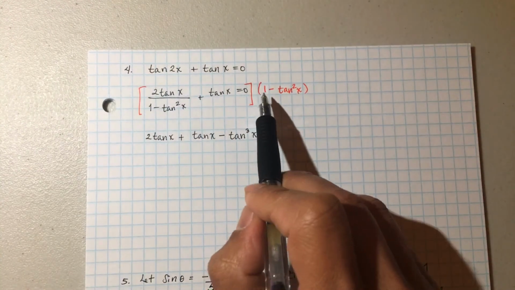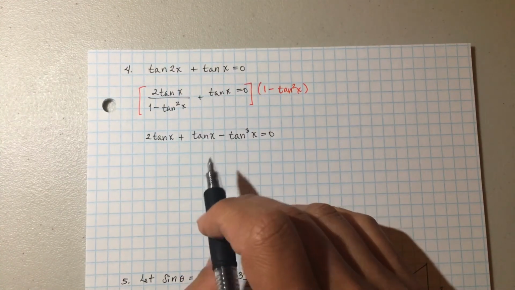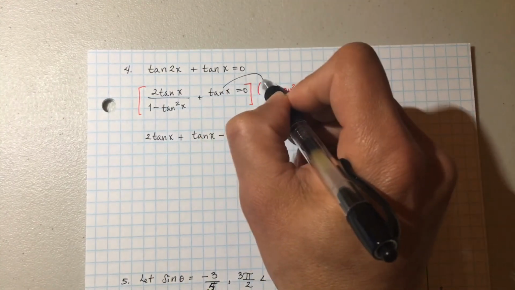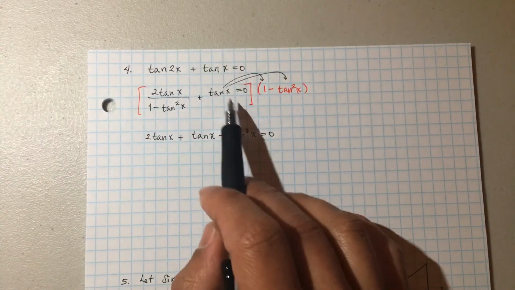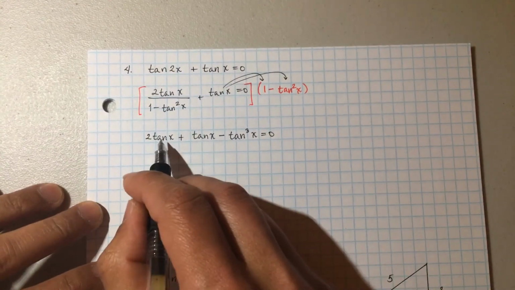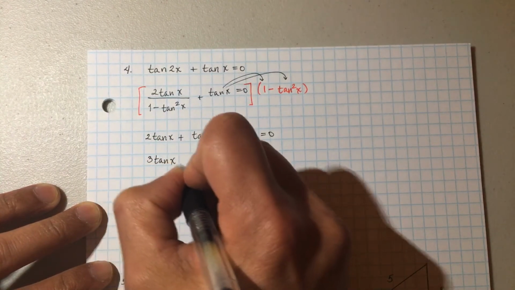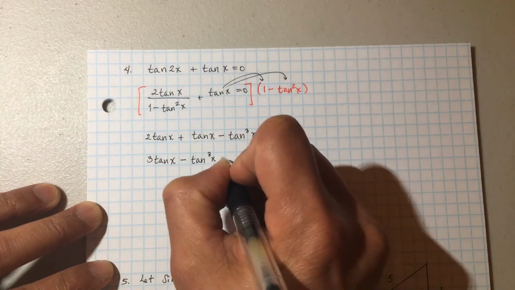So all I did, guys, is distribute this times this times this. If that gets confusing, you can think about it this way. Tangent of x minus tangent cubed of x. Now I can go ahead and simplify. This is going to give me 3 tangent of x minus tangent cubed.